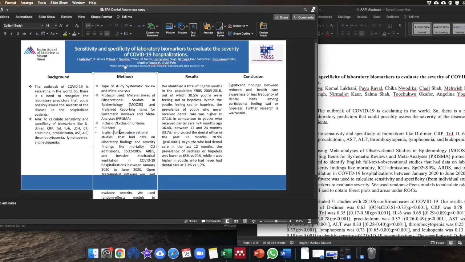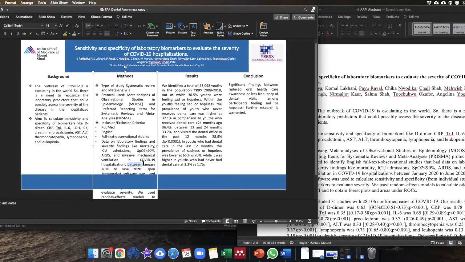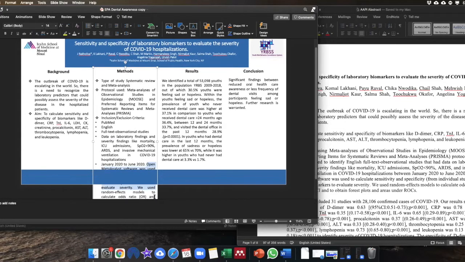See, it will be more effective way to write this thing, full text observational studies. Data on laboratory findings and severity, like the hospitalization January to this. So these are the inclusion exclusion criteria, right?